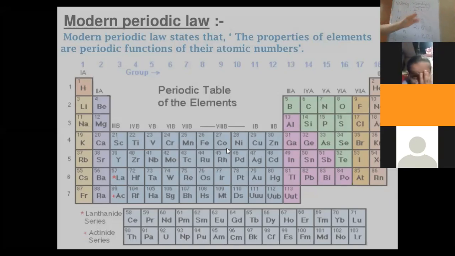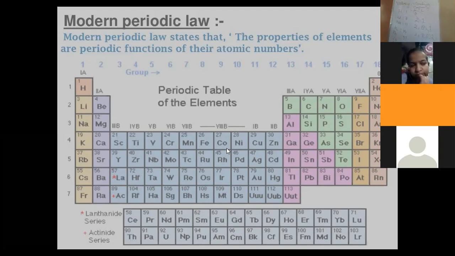As you already know, there is one electron in the last shell, so they will try to donate their electron. So the valency of group number 1 is +1. Valency of group number 2 is +2, right?